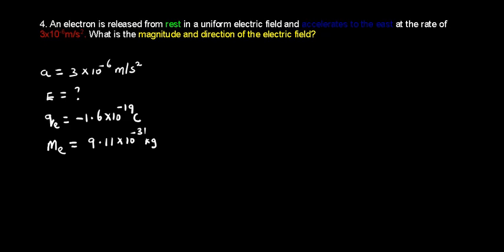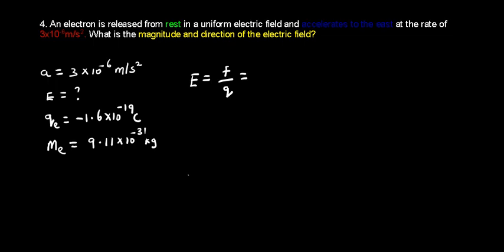Then you ask yourself, what formula relates the mass of the electron, the charge of the electron, the electric field, and the acceleration? So we see that the formula is E equals F over Q, from the definition of electric field strength, force per unit charge. But we know from Newton's second law that F is equal to ma.